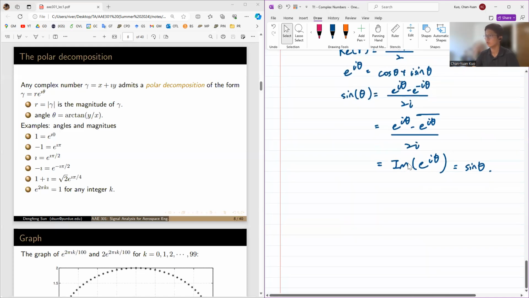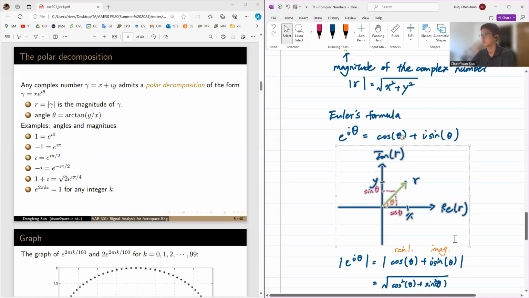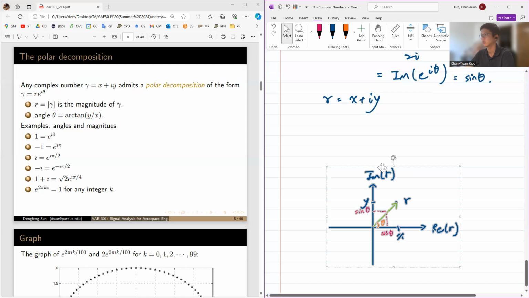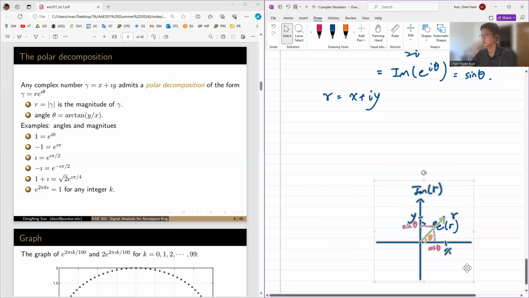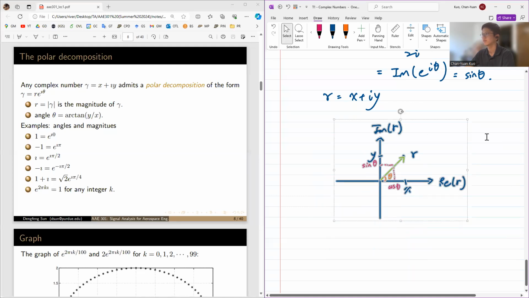Okay, now back to the polar form of a complex number. Let's see how we can express the complex number gamma in polar form. Again, gamma equals x plus iy, and this is what it looks like on the complex plane.